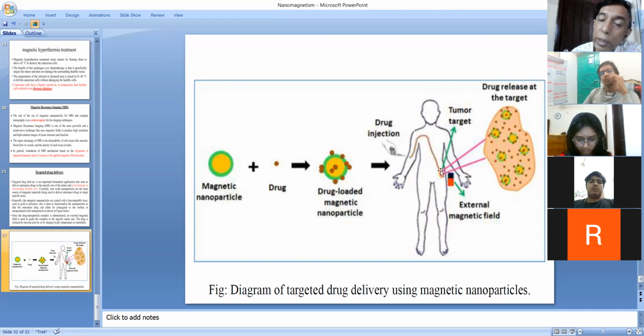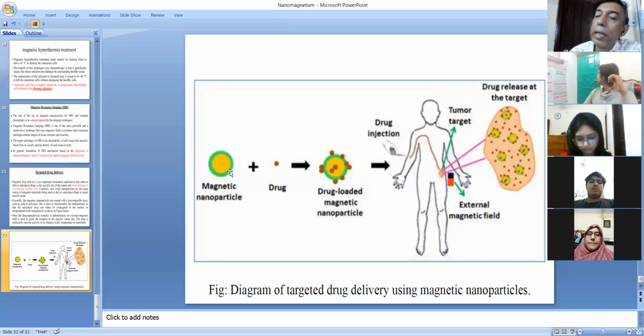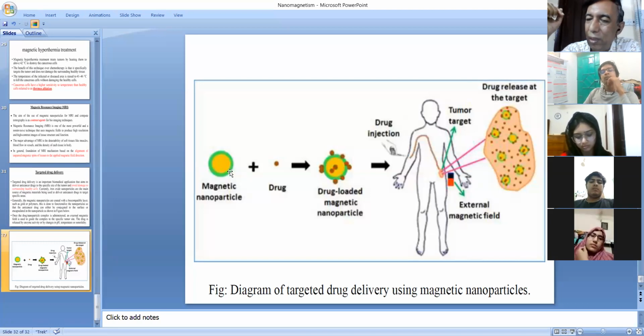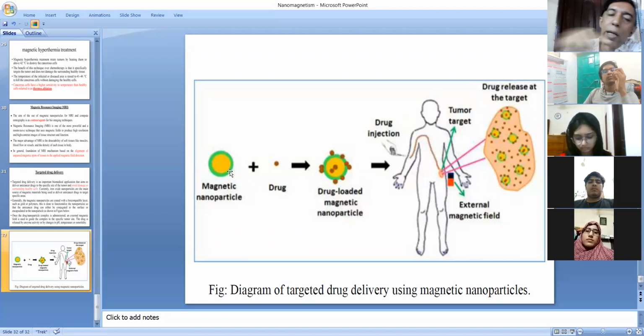And what else? This magnetic nanoparticle can enter into the cell, because it is much smaller than the cell.